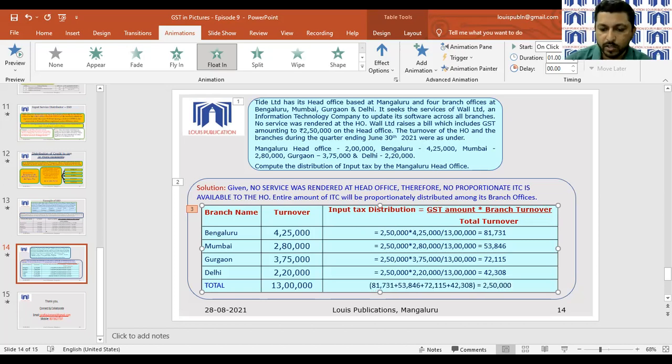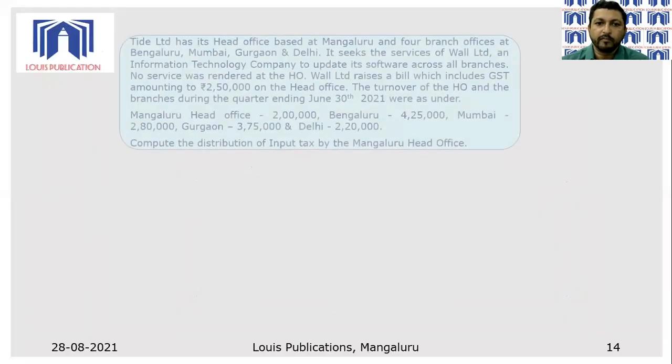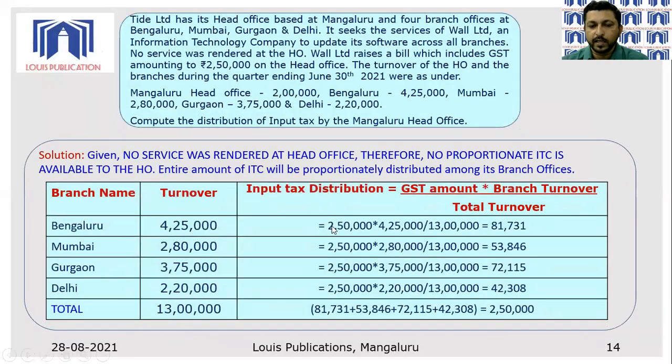We can do that calculation. 81,731 plus 53,846 plus 72,115 plus 42,308. So that amount will be 2,50,000 rupees, as we have done the calculation.